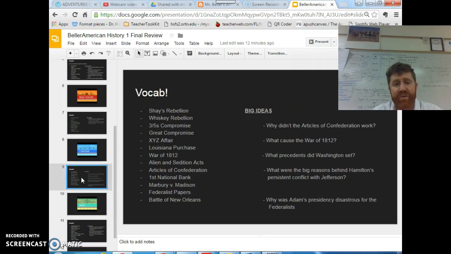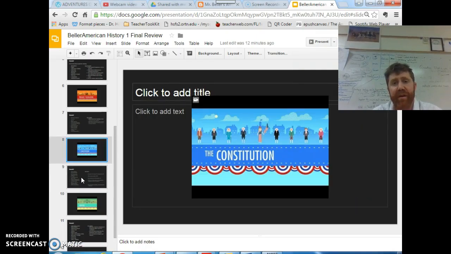Or how does Shays' Rebellion contribute to the narrative, or the story that we tell, about how and why the Constitution was made and its features or characteristics? So just make sure that you're providing yourself with some historical context on your flashcards as well.